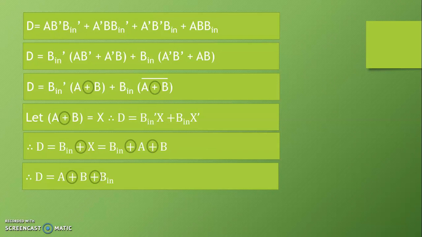So based on this simplified Boolean function, we can use 2 exclusive OR gates, and we have A, B and B in as 3 inputs, or we can use 1 exclusive OR gate with 3 input terminals.